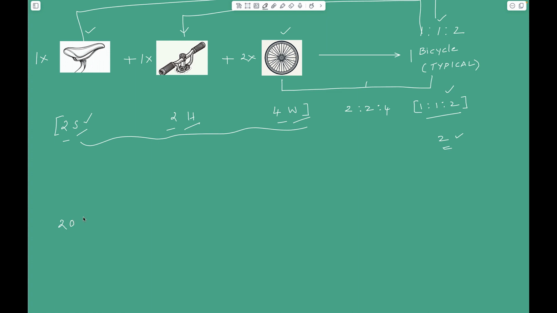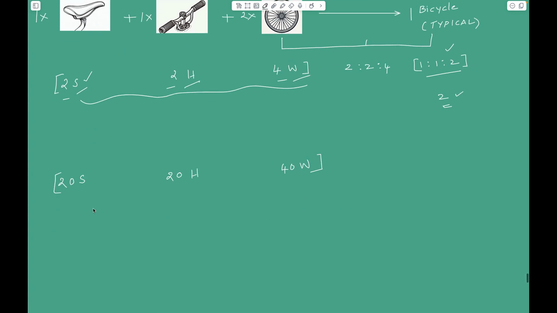Now, let us say I have 20 saddles, 20 handlebars and 40 wheels. Then how many bicycles can I produce using these components? Again, I would first look at the ratio of their quantities.